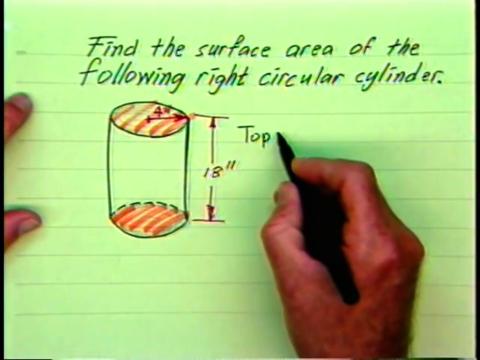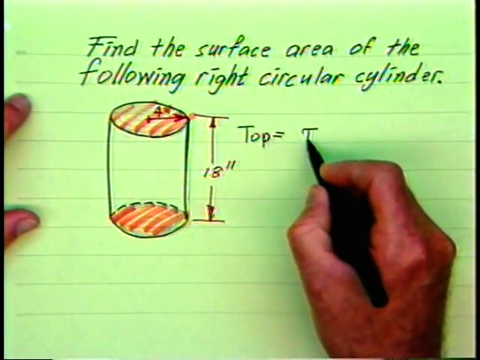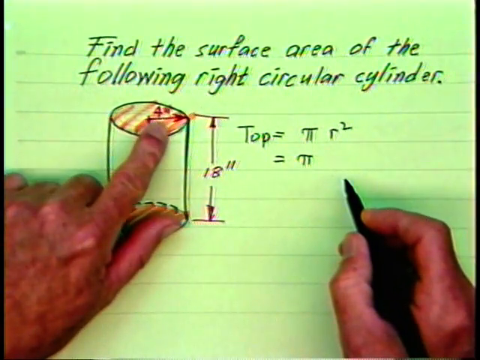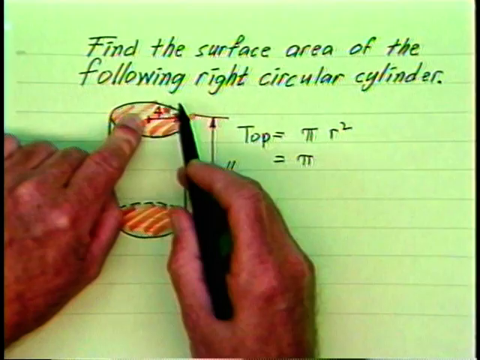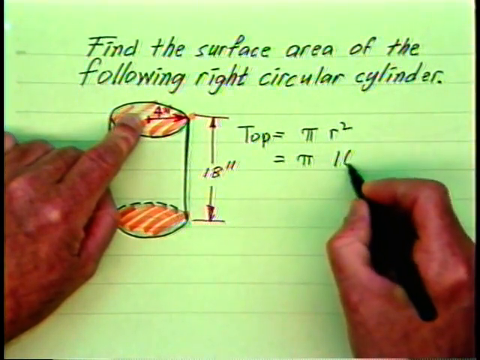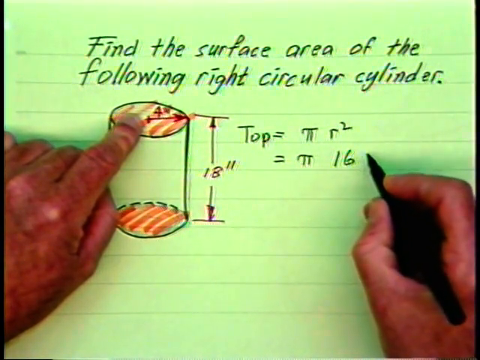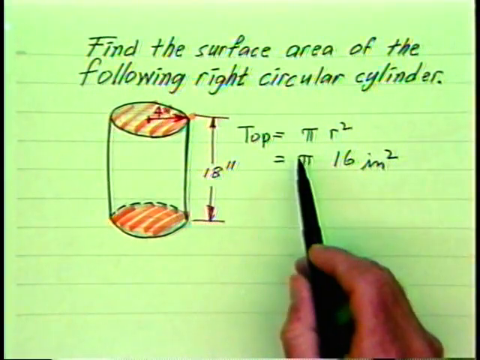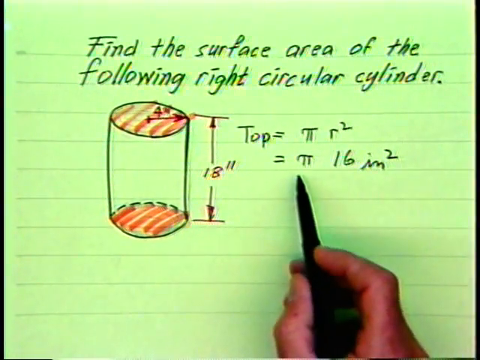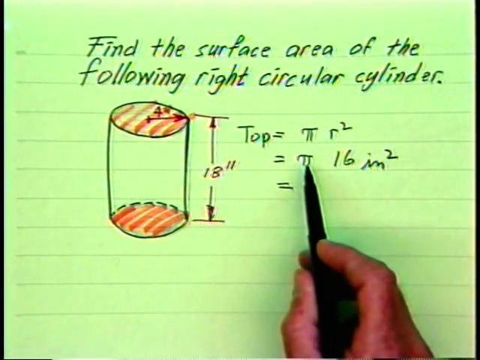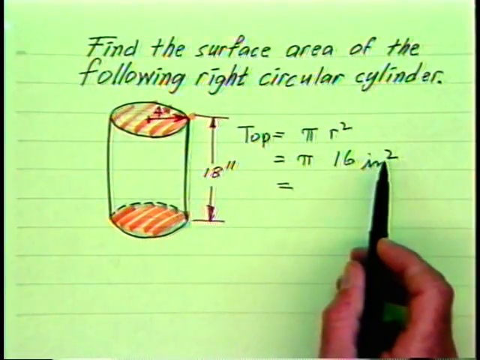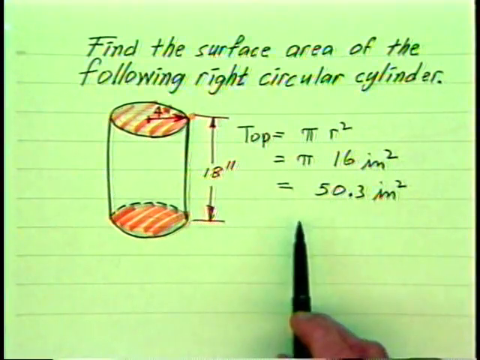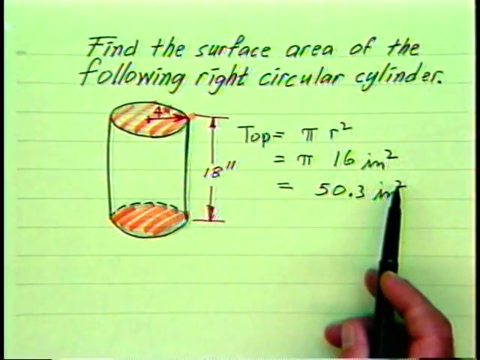That top is a circle, and the area formula for a circle is pi r squared. The radius is 4 inches, and we can square that mentally, so that's 16 square inches. Multiplying these two using pi to however much accuracy I need to get, let's say, accurate to the nearest 1/10 of a square inch, we have that the top is roughly 50.3 square inches.